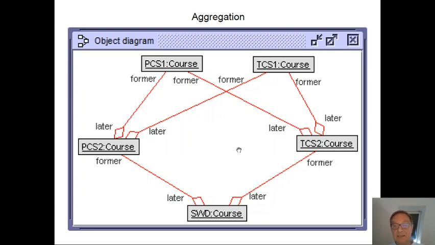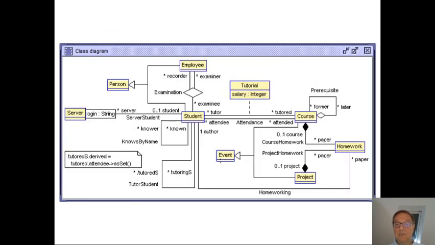On the other hand, it is a part-whole relationship, and a part-whole relationship is always acyclic on the object diagram level. As we see here, a part-whole relationship can be cyclic on the class diagram, on the class model level. So these were the two relationships, the ternary relationship and the aggregation, the weak part-whole relationship.